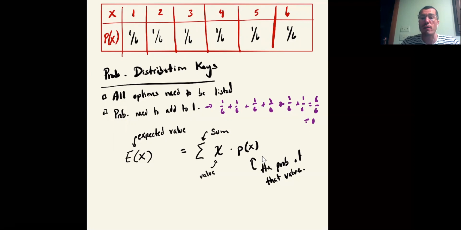So let's see what it looks like to actually use this formula. I might say that the expected value of x is equal to, I'm going to list my values and the probabilities associated with them.